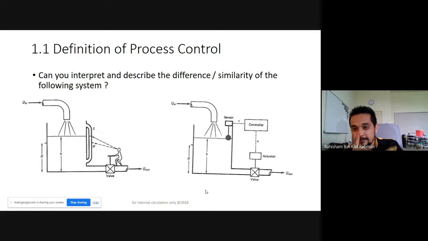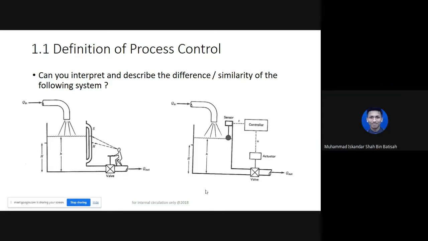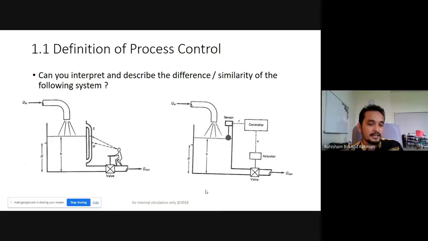And then the similarity, you can rephrase what your friend just mentioned. One is to measure, and you can use other words apart from measurement. To detect the level. Detect level, okay.